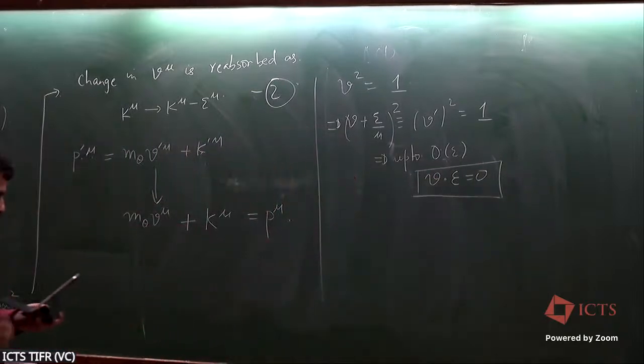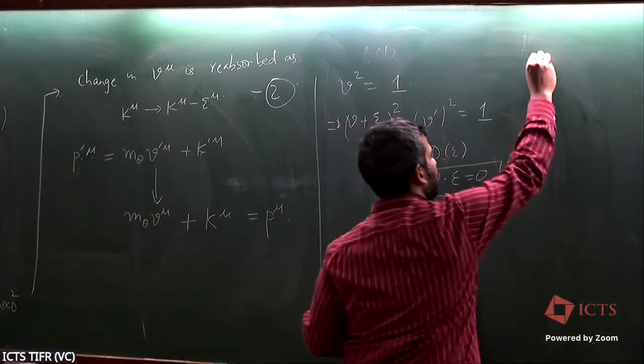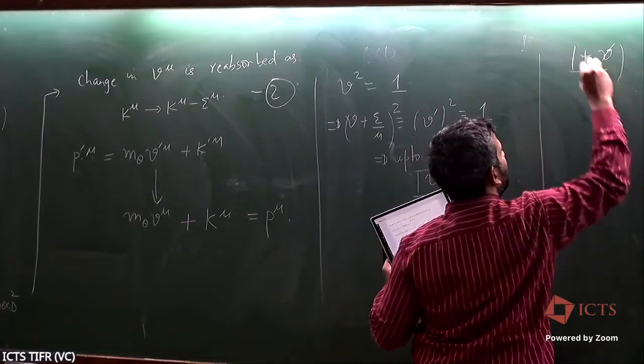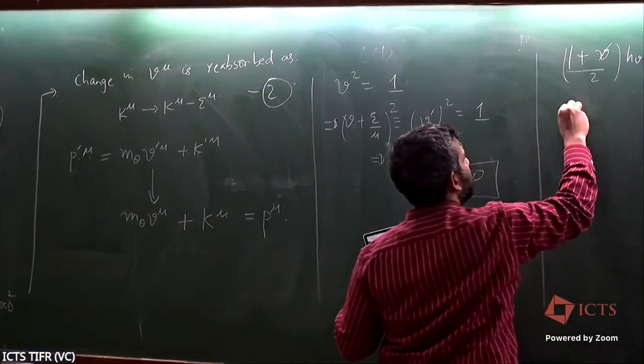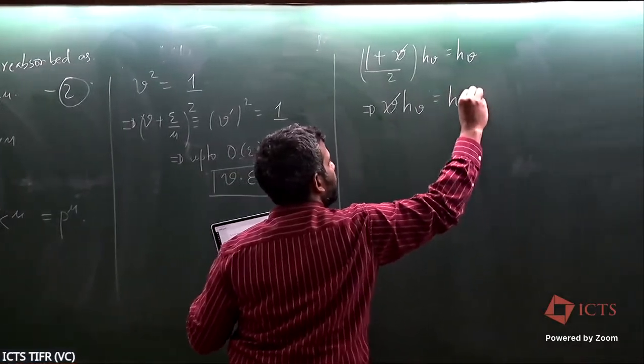Okay? Now, we also know that (1 plus V slash) by 2 HV is HV. This implies V slash HV is HV.